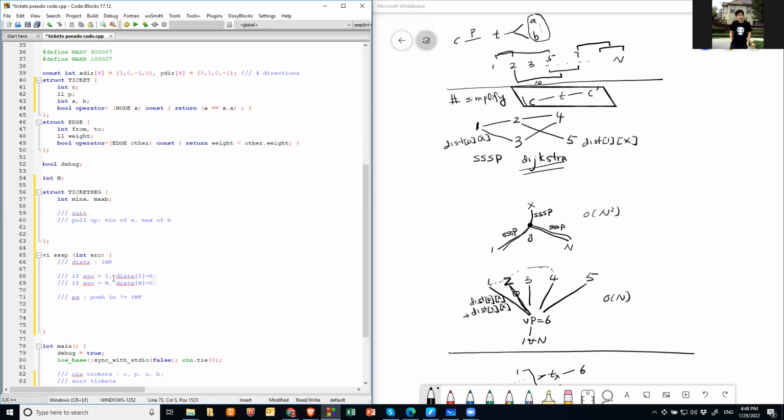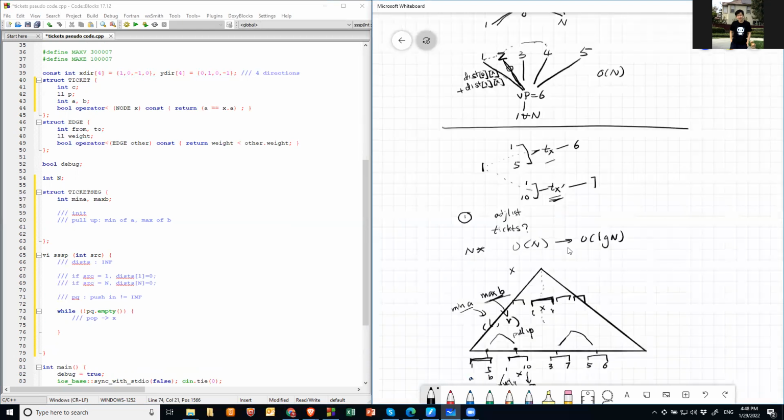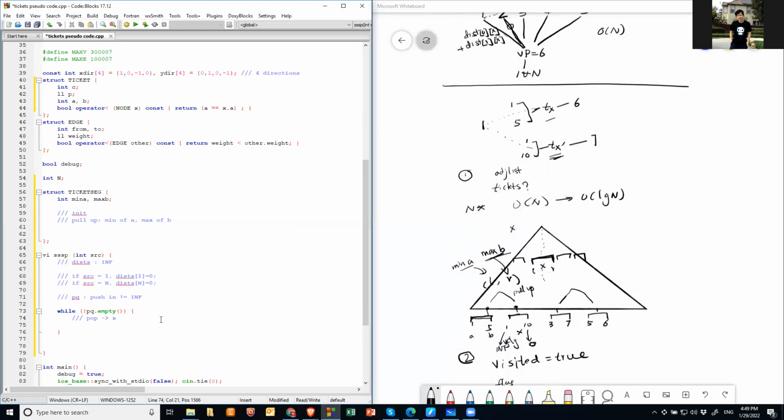That's your starting point. Then you do the standard while priority queue, when the priority queue is not empty, right? Then you first obviously pop out the top. Let's say this is the current point X, right?